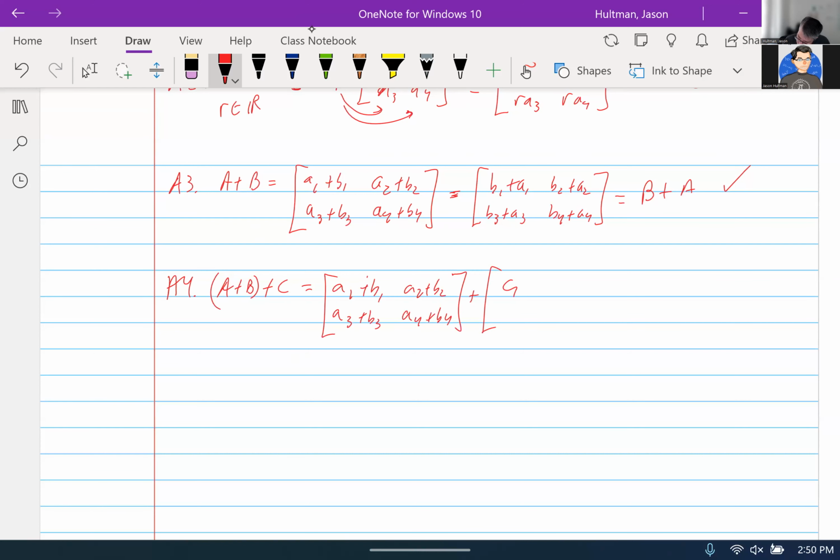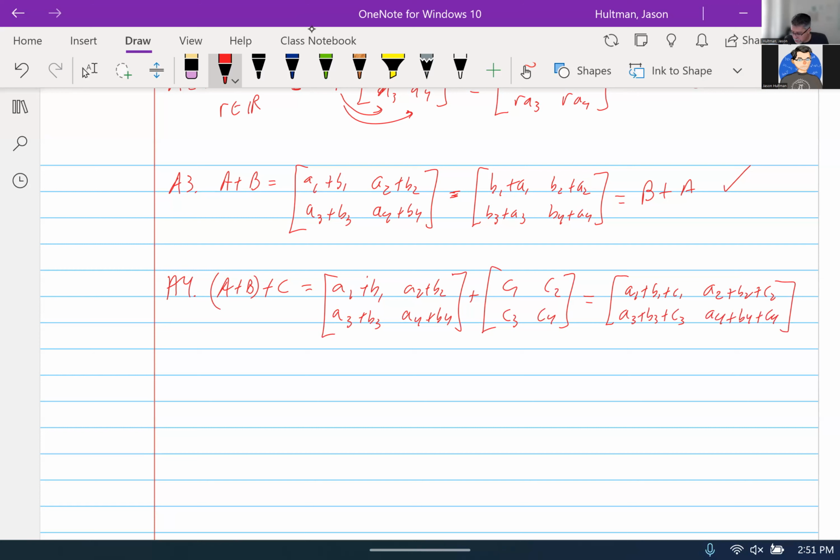So that's A plus B plus C, and that's C1, C2, C3, C4. That is going to equal A1 plus B1 plus C1, A2 plus B2 plus C2, A3 plus B3 plus C3, and A4 plus B4 plus C4.